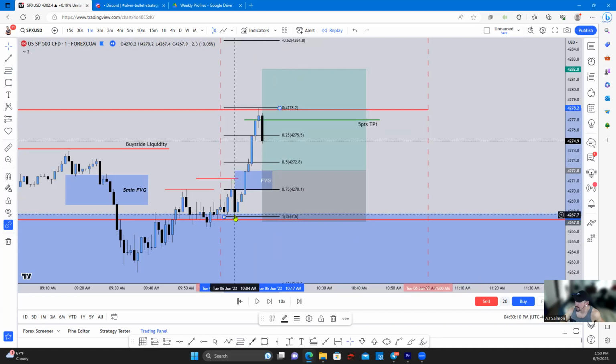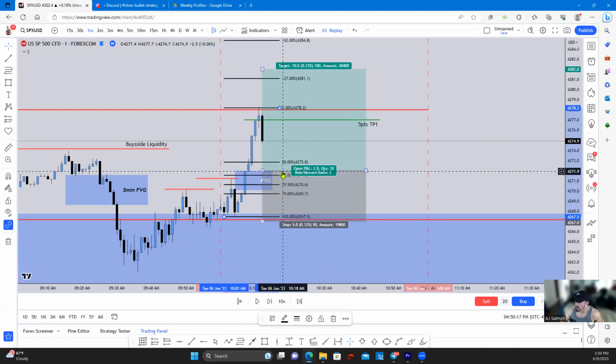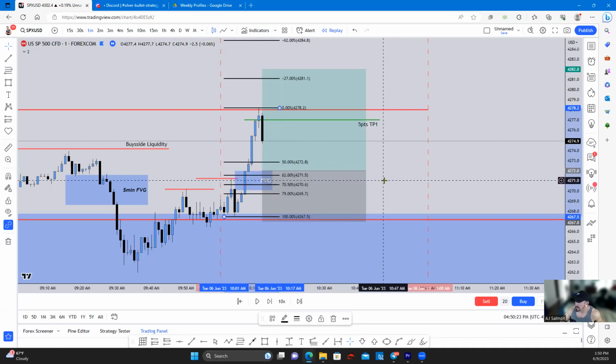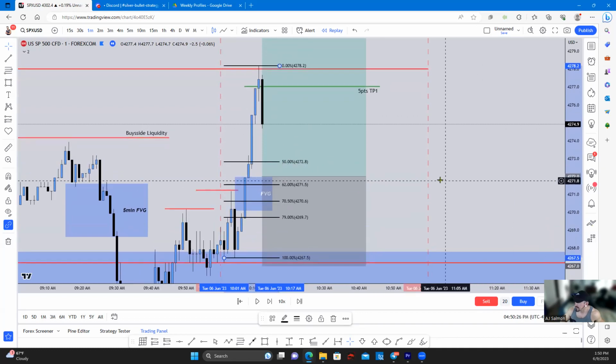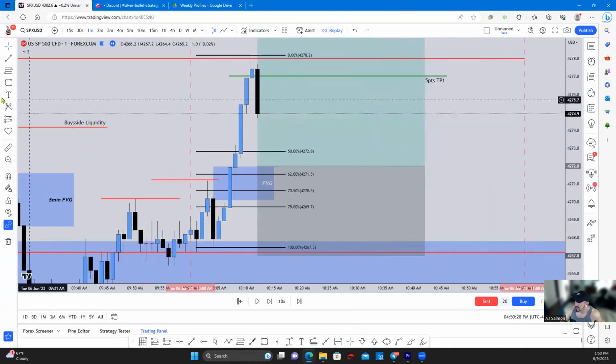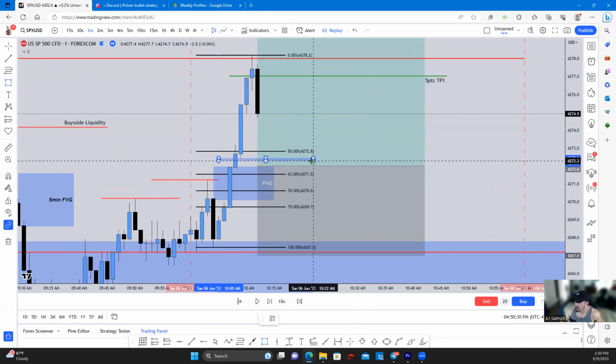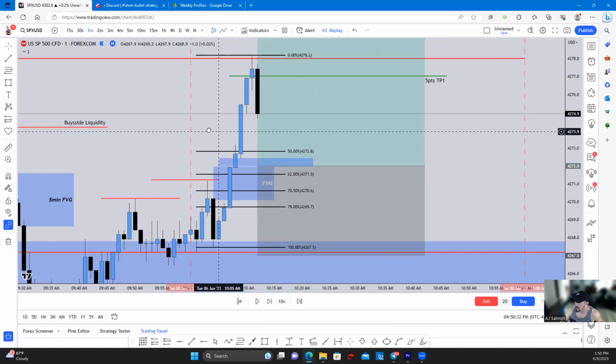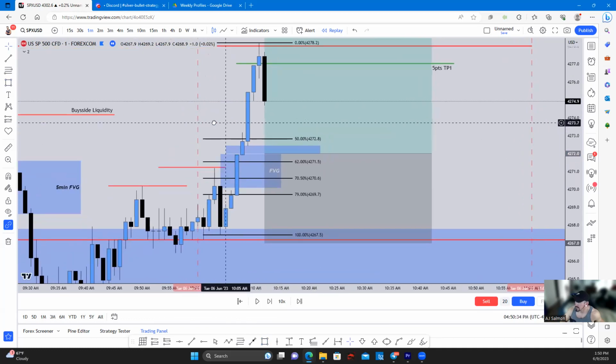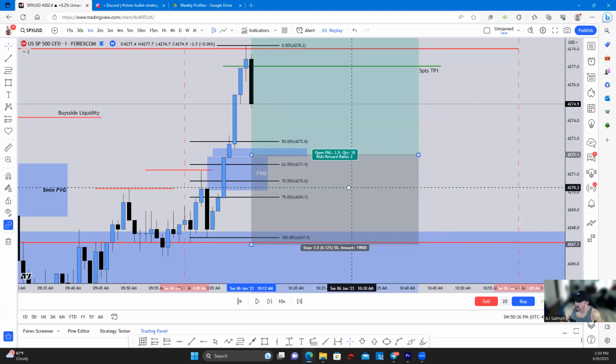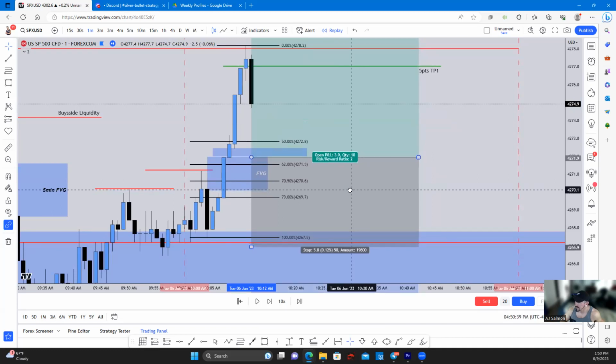Take the swing low where we started this push, swing low to swing high, and I would want something in the 50% or lower here. So we have this smaller gap here, just below 50. So anywhere in here is still a good price to take buys from.